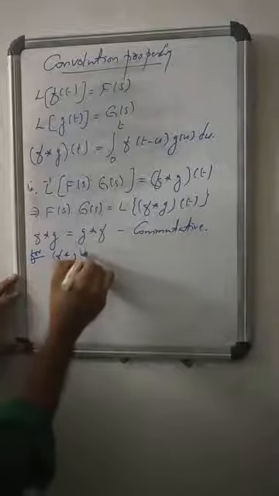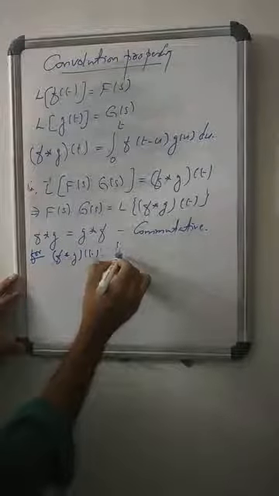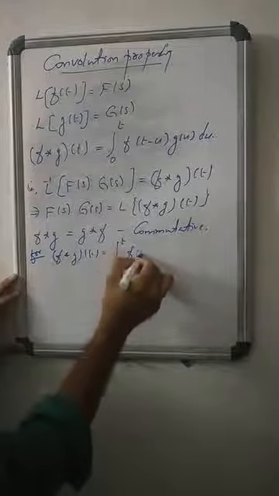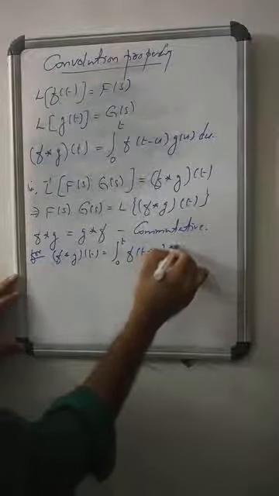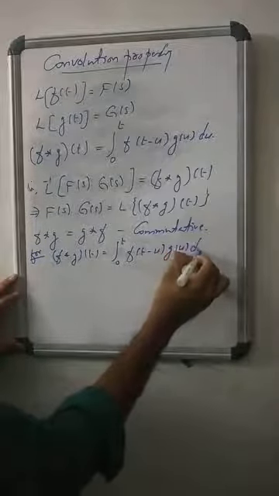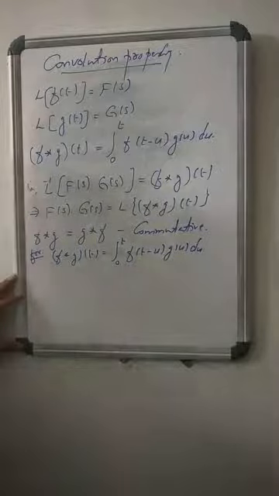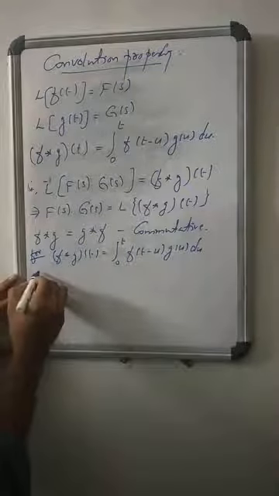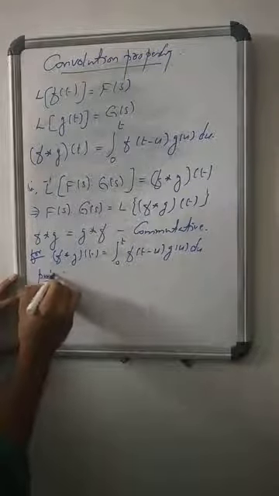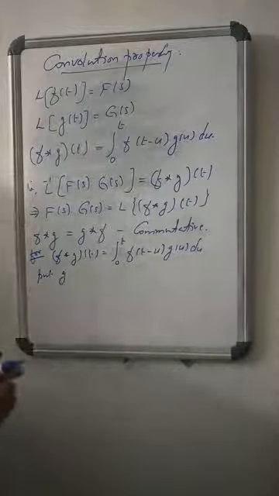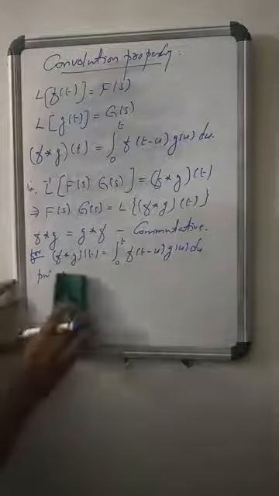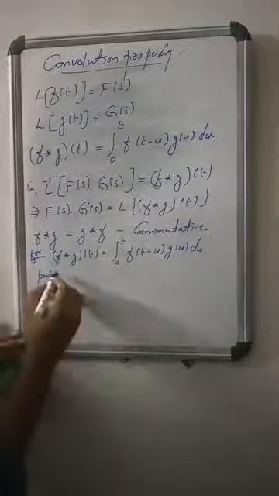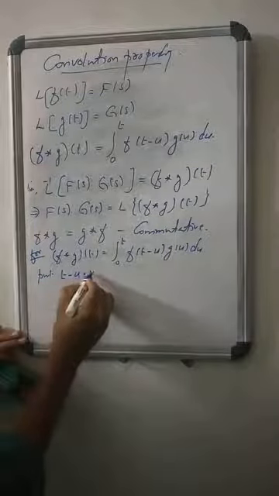F star g of t equals integral 0 to t f of t minus u g of u du. Put t minus u equals y.